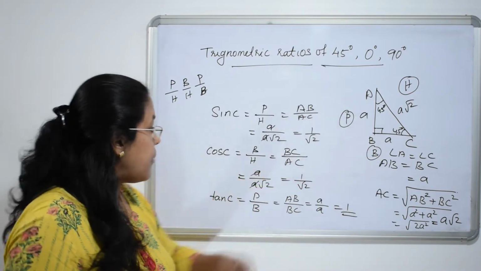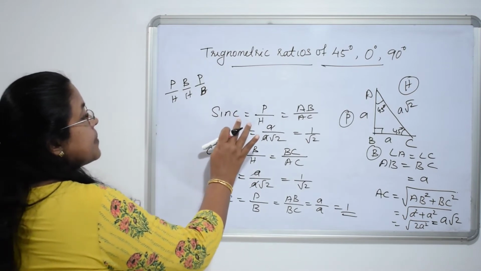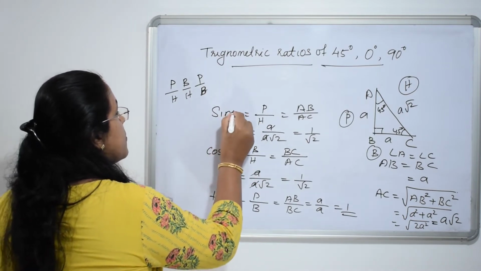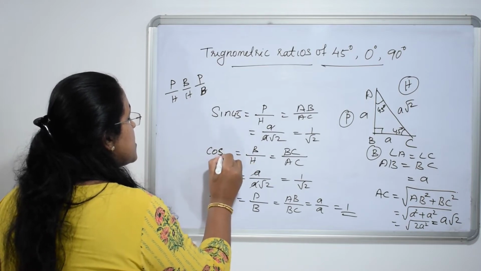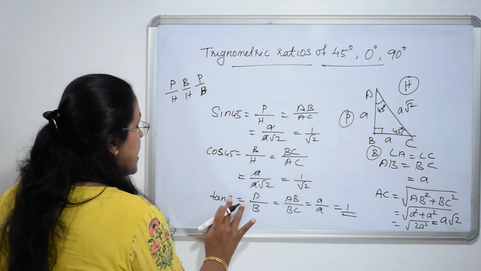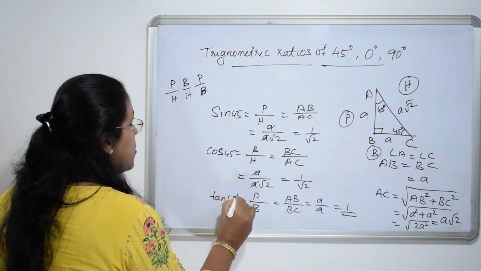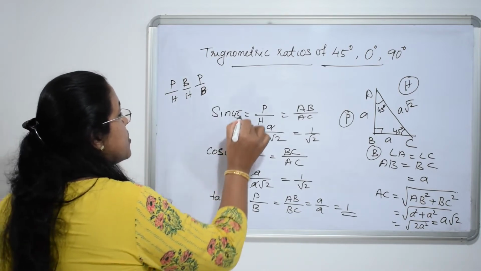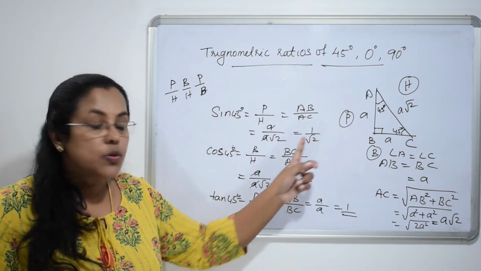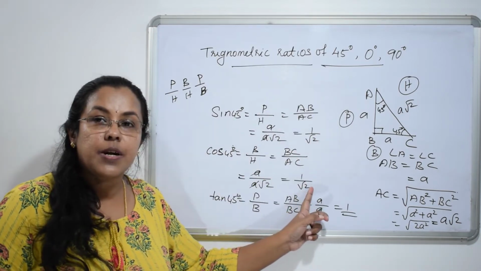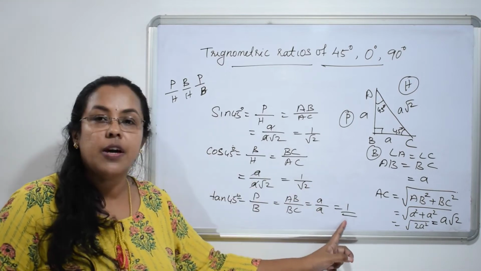Replacing C by 45: sin 45 is 1 by root 2, cos 45 is 1 by root 2, tan 45 is 1.